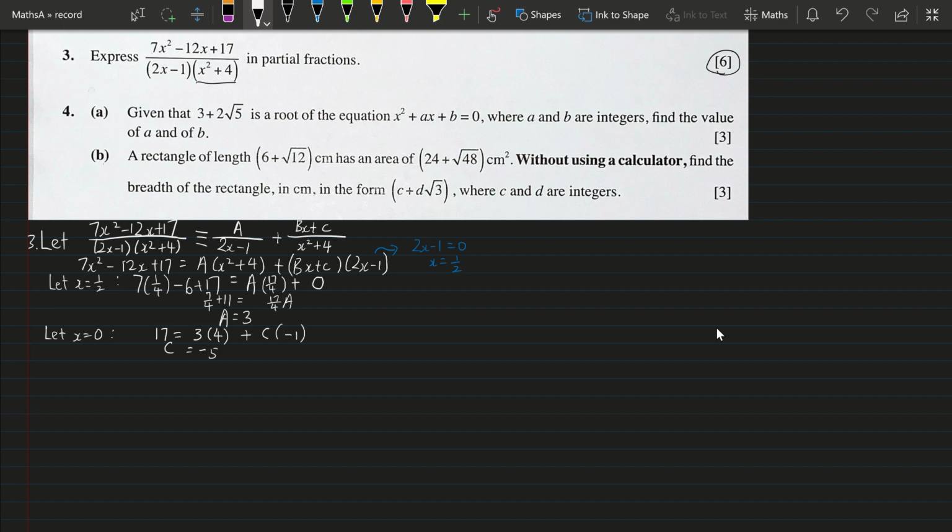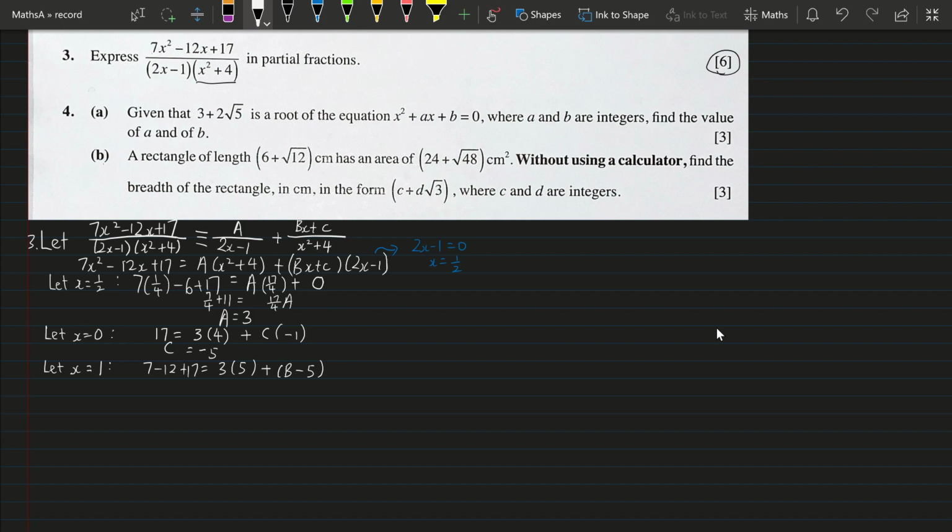And finally, when you want to find b, just let x be any other number you prefer. So obviously I prefer small numbers, easy to calculate. Let x be equals to 1, 7 minus 12 plus 17. A we know is 3, so 1 plus 4 is 5. Bx plus c, this one will be b plus c, which is minus 5.